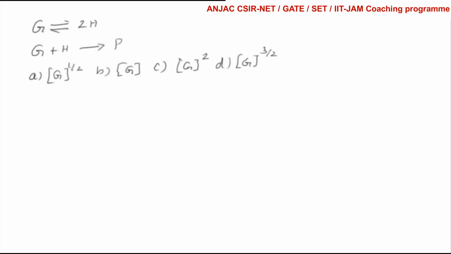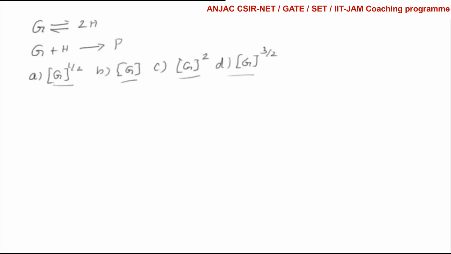Once again, you have to derive the rate law equation. Finally, you can come to the conclusion whether the rate is proportional to this concentration or this, and work out the problem and tell me the answer.